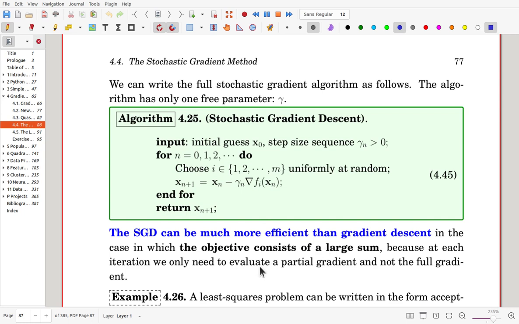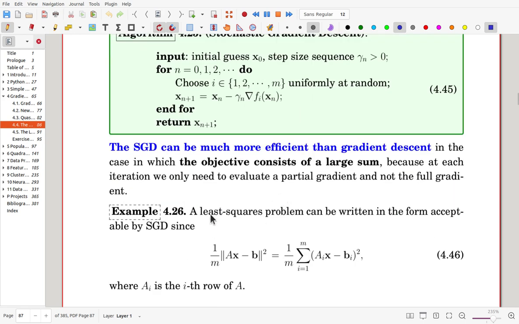Here let's see this example, a least squares problem, 1 over m times the norm of Ax minus b, squared. It can be written in this form, where a_i is the ith row of A. So to minimize this objective function iteratively, you may use the stochastic gradient descent method.